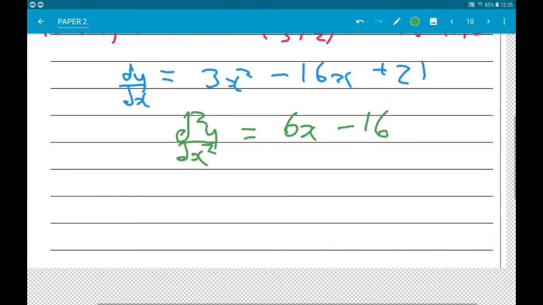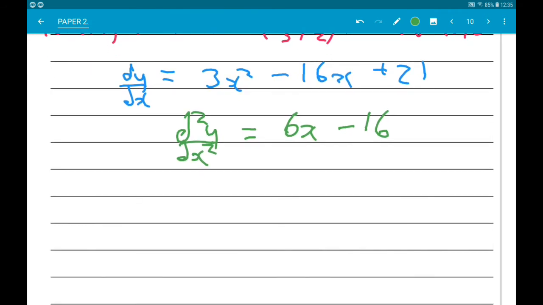So when x is 7/3, we are going to get 42/3 minus 16.